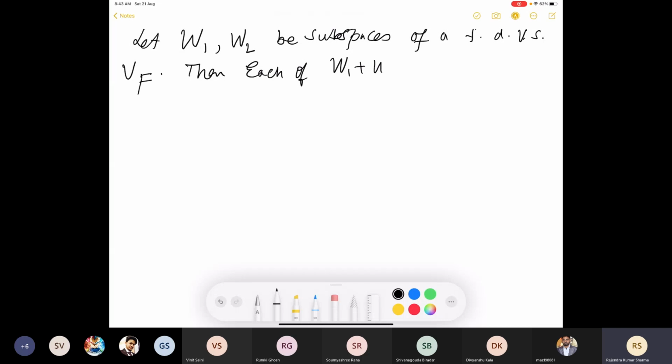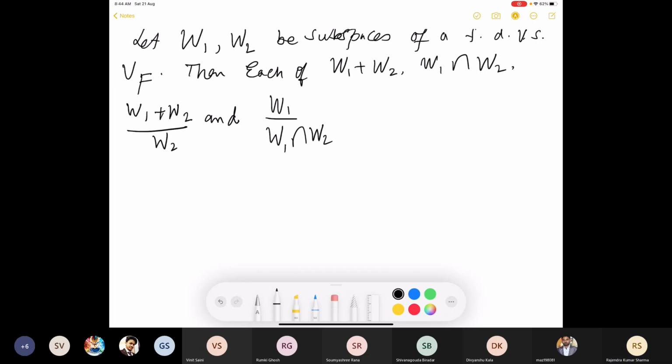So W1 plus W2 and W1 intersection W2, W1 plus W2 by W2, this becomes a quotient, and W1 by W1 intersection W2 are also finite dimensional.